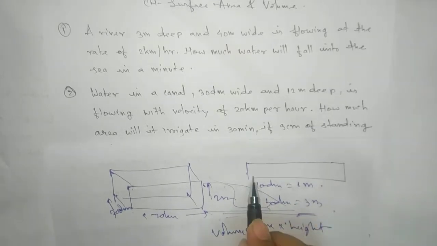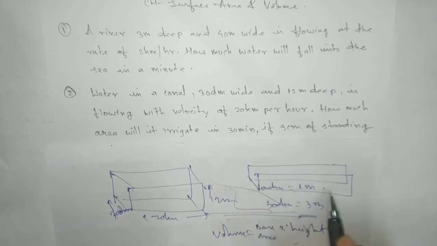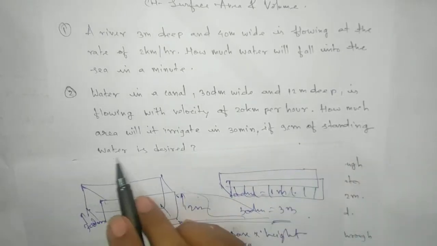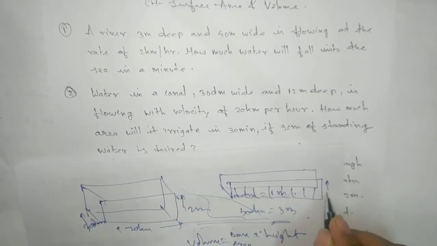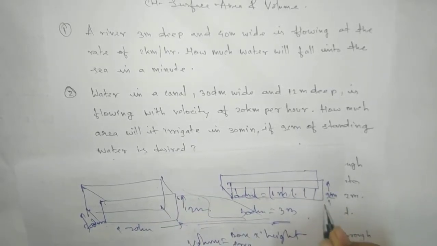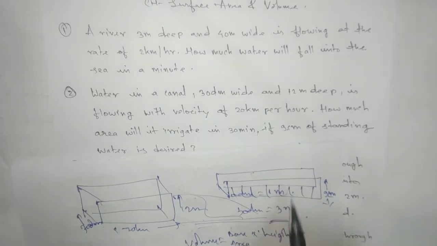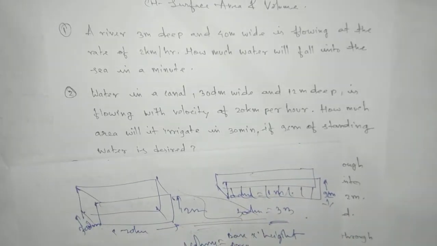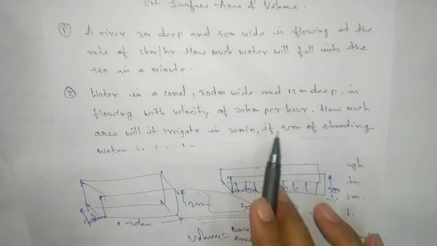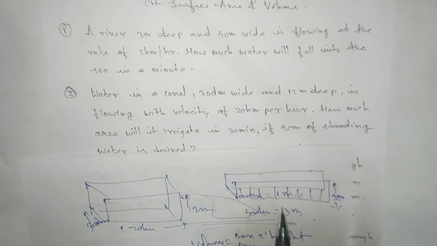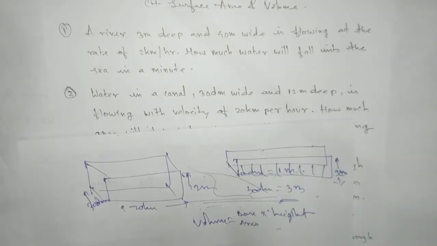You take this field, this part, this is your base area, and here 9 centimeter of standing water is desired. So 9 centimeter depth or height will be there. So base area into height will remain the same. That means the volume of water falling into the field in 1 hour equals the volume of water for this, that is base area into height.